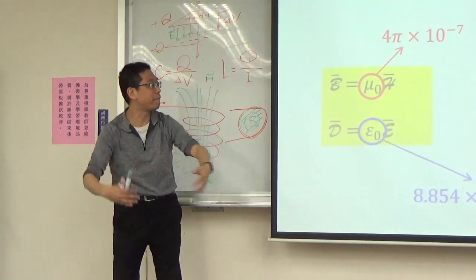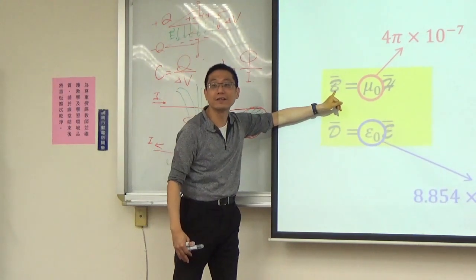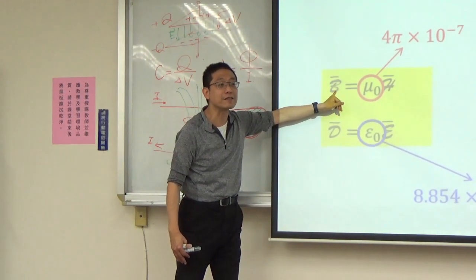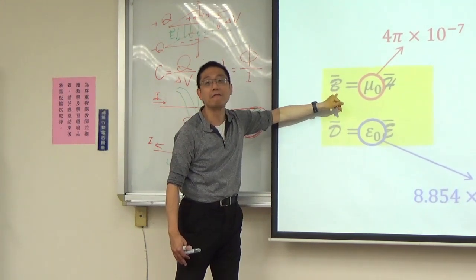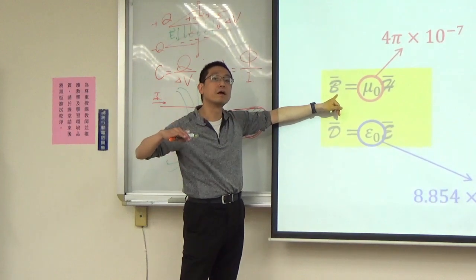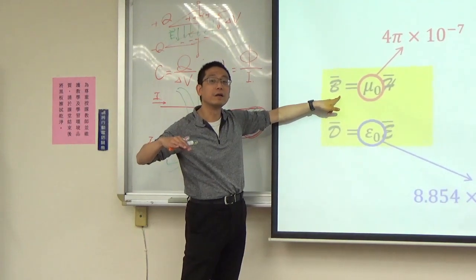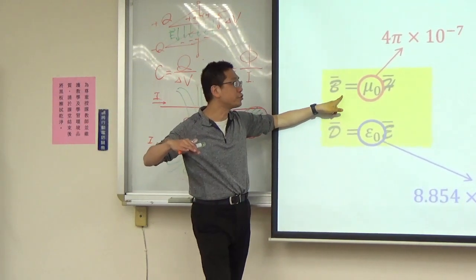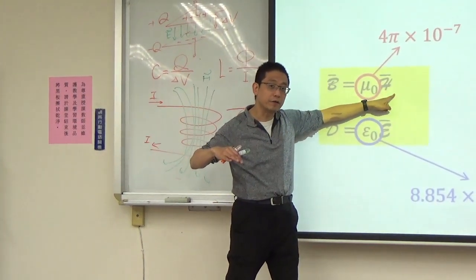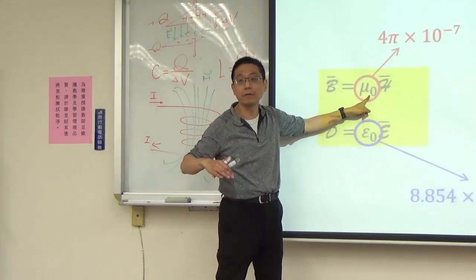This is the flux density. Density 就是密度，面积的密度。Okay? Flux 有多少？How many flux, magnetic flux goes through the area? Okay, this is B, which is related to our H field, and the H field times mu zero.